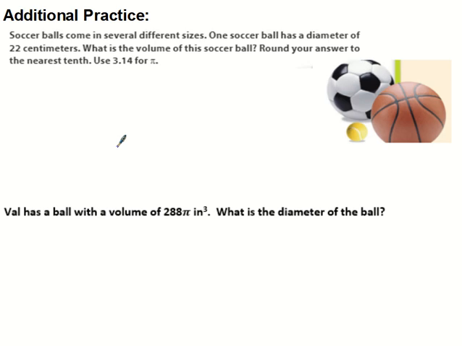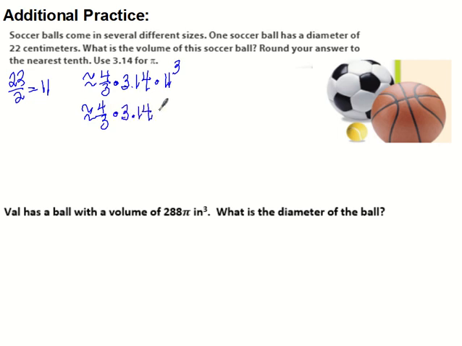All right, hopefully the first thing you did was take 22 and divide it by 2 to get 11. So you should have about 4/3 times 3.14 times 11 cubed. So 11 cubed, we get about 4/3 times 3.14 times 1,331. I'm going to times that by 3.14.